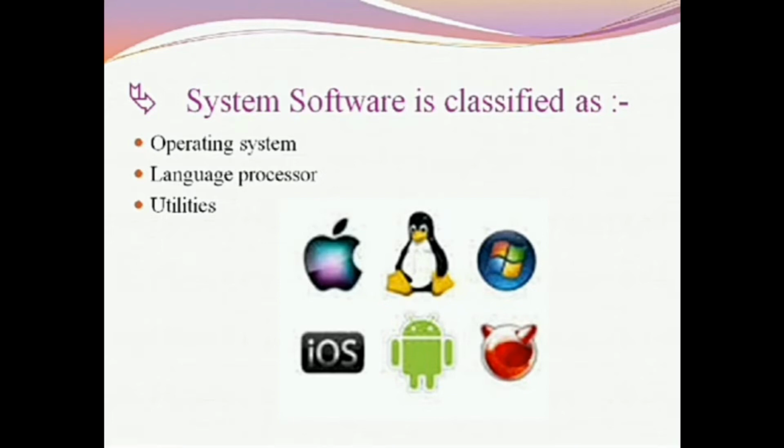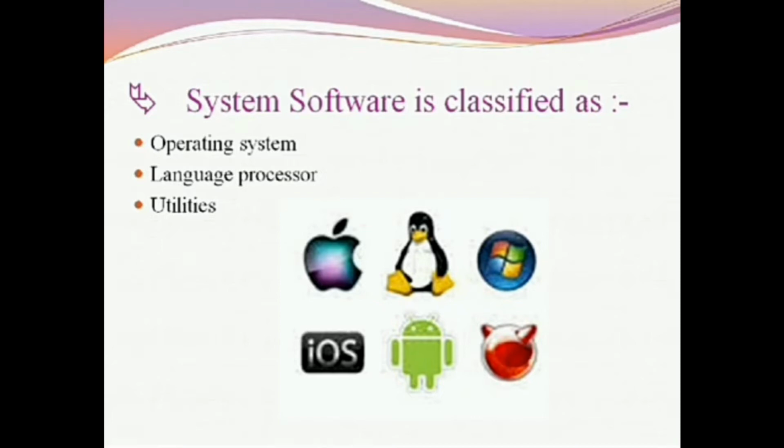We have learned about software and system software. So what is the classification? There are three basic types of system software: operating system, language processor and utility.